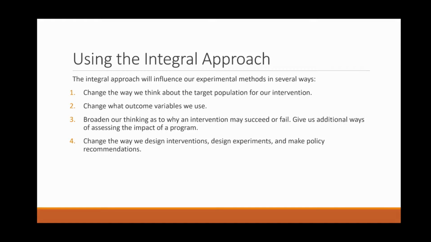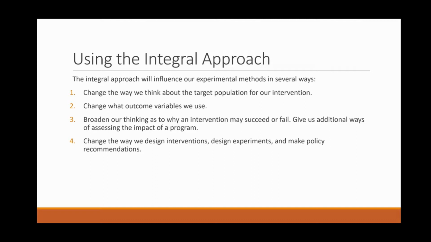Okay, so the integral approach is based on a more accurate view of the human person. And with that more accurate view, we see that agents, individuals that make efficient decisions, make decisions as agents of change. They're participatory and they're proactive, which helps them to make the most efficient decisions because they're proactively making decisions that consider the welfare and well-being of others and in collaboration with others.